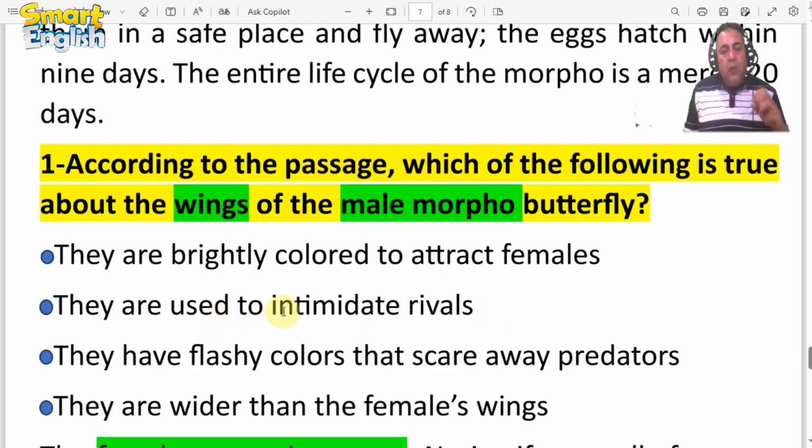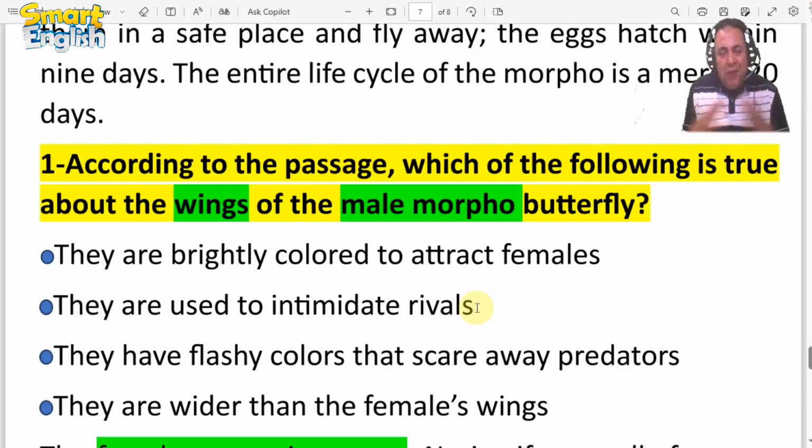They are used to intimidate rivals. This means to make them scary, okay? Do not touch them because they are making them distracted from them. This is not mentioned in the passage. He didn't go deeper and talk about a defense mechanism. So this answer is incorrect.